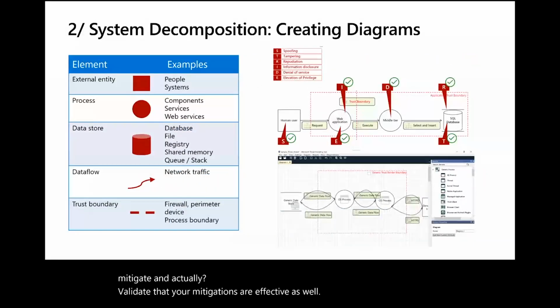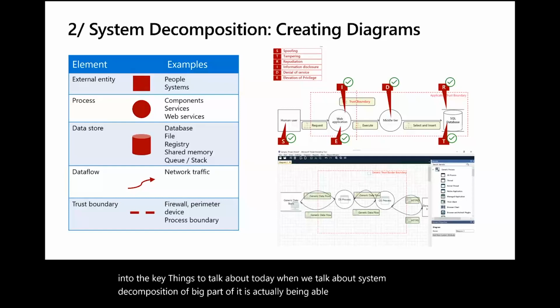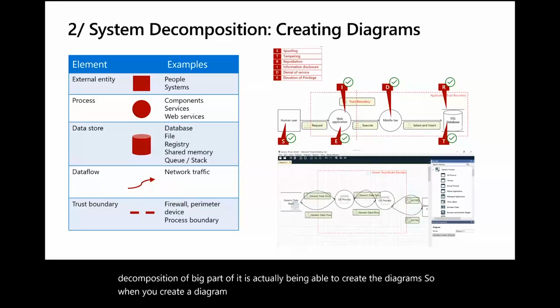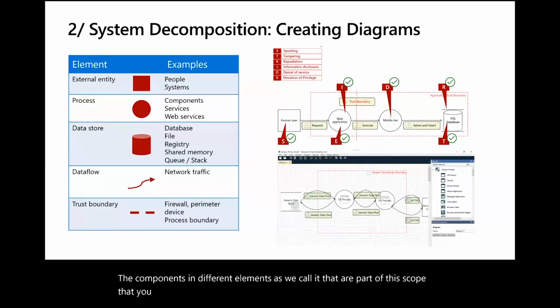So I'm going to skip some pieces around scope definition and go straight into the key things to talk about today. When we talk about system decomposition, a big part of it is being able to create the diagrams. When you create a diagram, it gives you a better understanding and a better appreciation of exactly what the components and different elements are that are part of the scope you have already figured out.